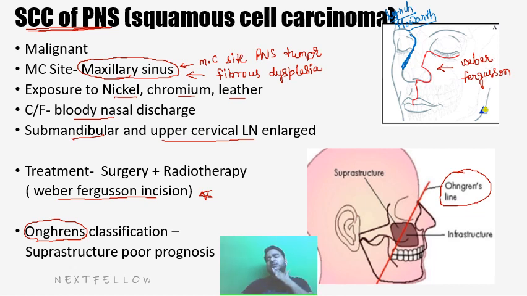Any tumor below this line will have a good prognosis, because if the tumor is present above this line, the tumor is in close proximity to the brain, the eyeball, the cavernous sinus, and the temporal lobe.